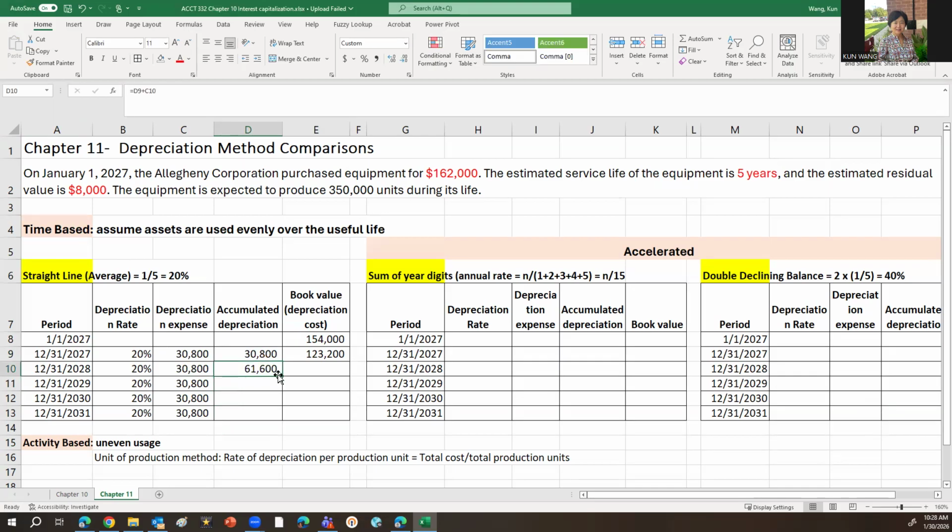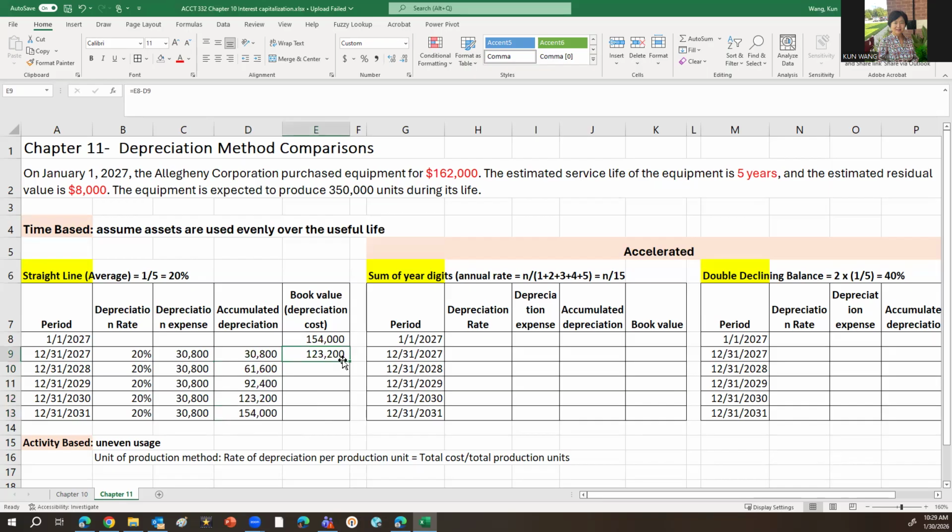Okay, I will copy this. So each year adds another 30,800, and in the final year, the total accumulated depreciation will equal the original cost of your assets. So we are ready to dispose. You should have a zero book value by the end of the service life.